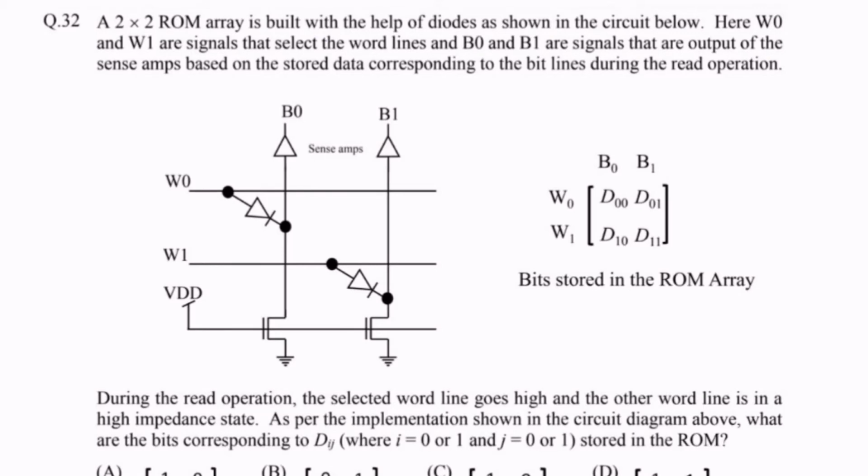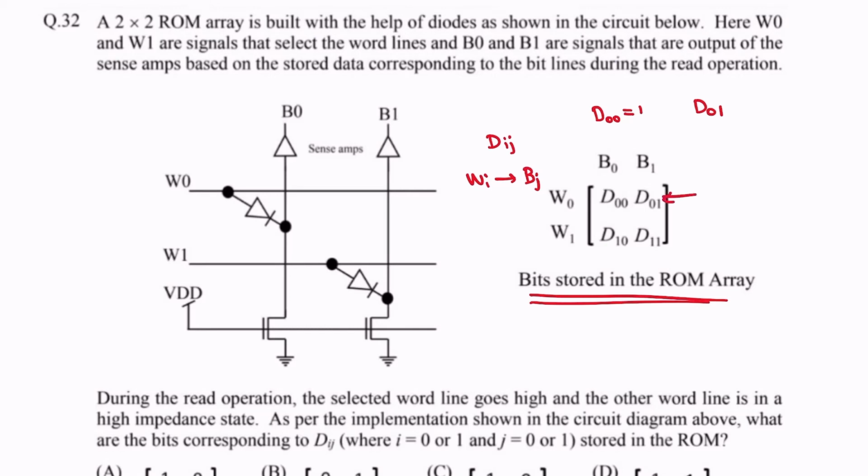So looking at this, we can see clearly that the bit stored in the ROM array D00 is equal to 1. Dij, as you can see, is the cell that corresponds to the intersection of word line i and bit line j. So D00 is 1.